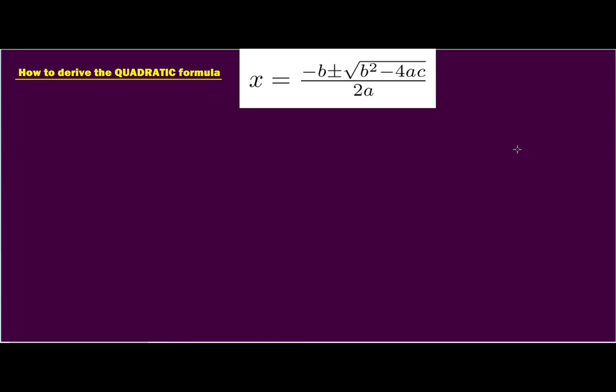So today we're going to learn how to derive the quadratic formula. The first step in writing this derivation is to actually write the quadratic equation.